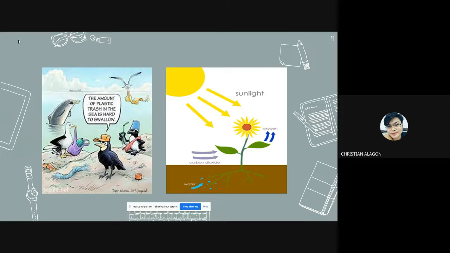What do you think is the cause? Improper way of throwing garbage, so it came up to the ocean.